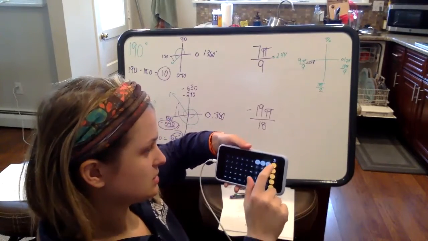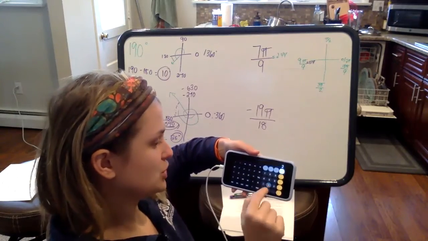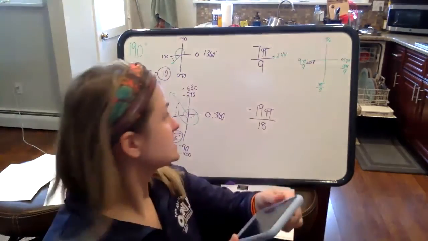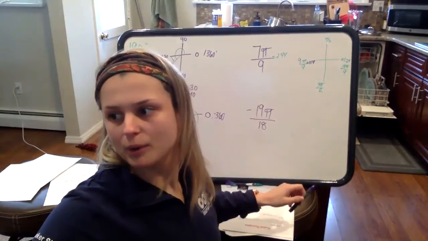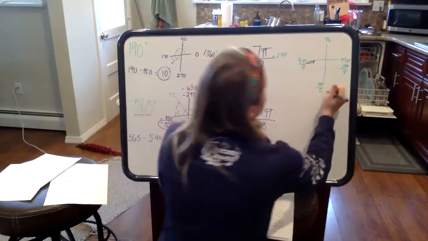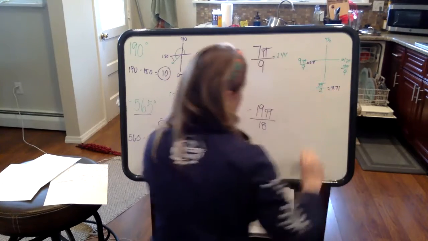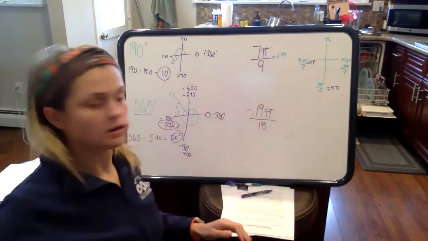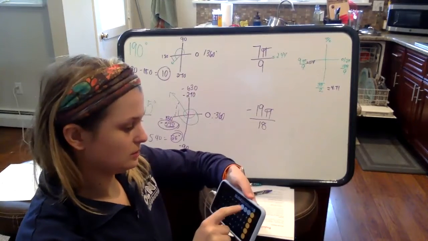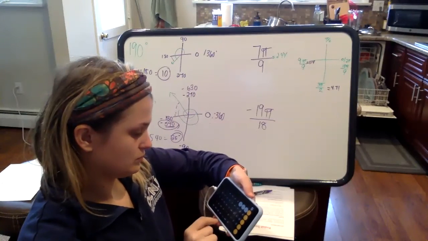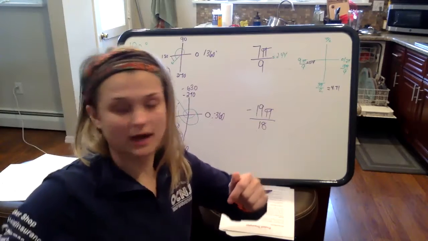So 3 times pi equals, and then divided by 2, it's approximately 4.71. And then pi divided by 2 is approximately 1.57.